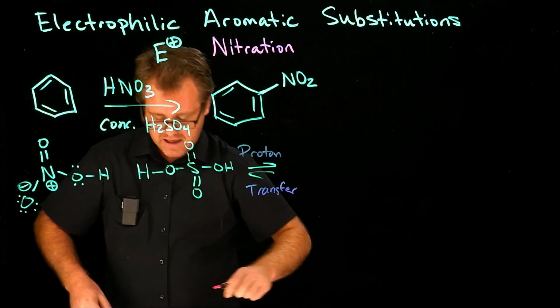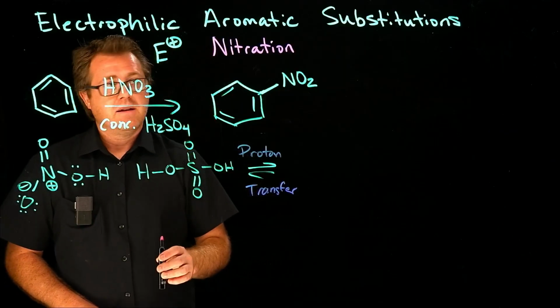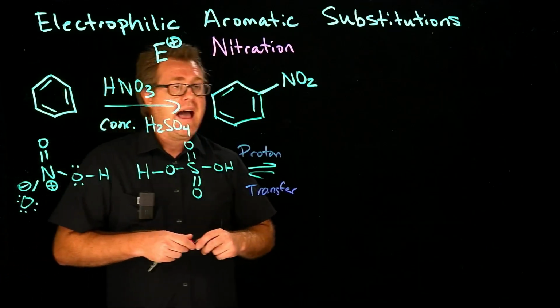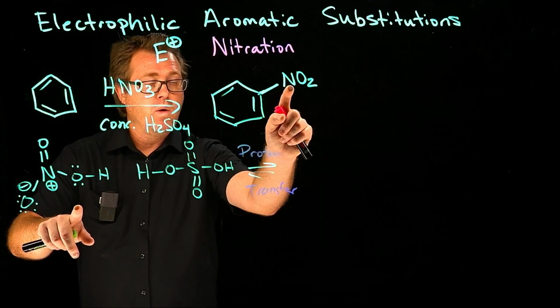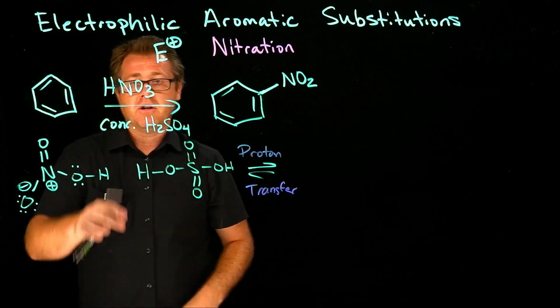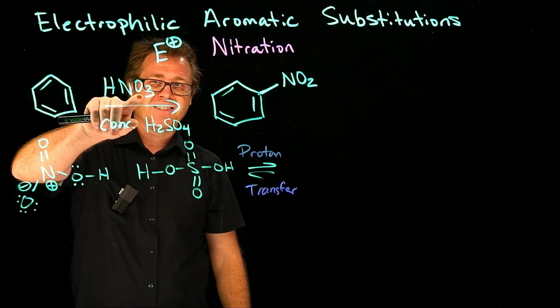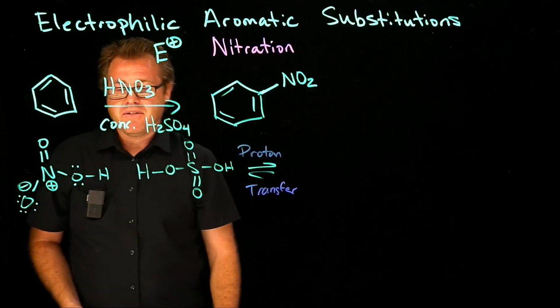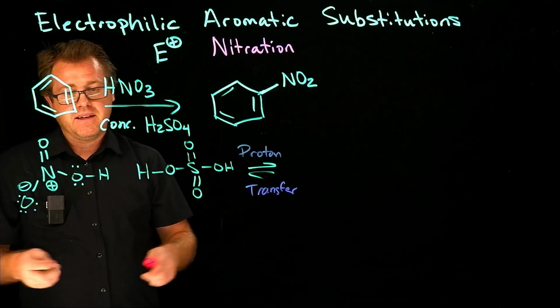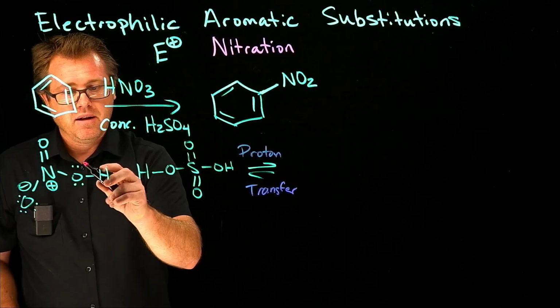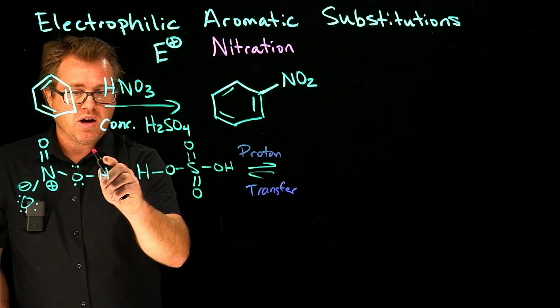We need to have 1 nitrogen and 2 oxygens. When we look at nitric acid, we have 3 oxygens, so we have to find a way to get rid of one of these oxygen groups. And so we're going to protonate this oxygen right here.